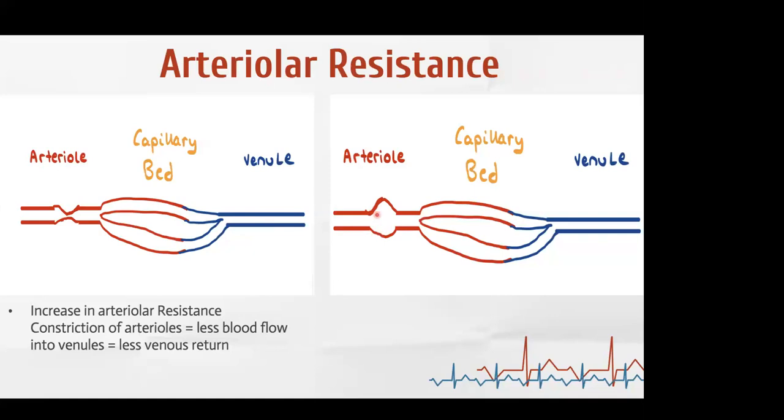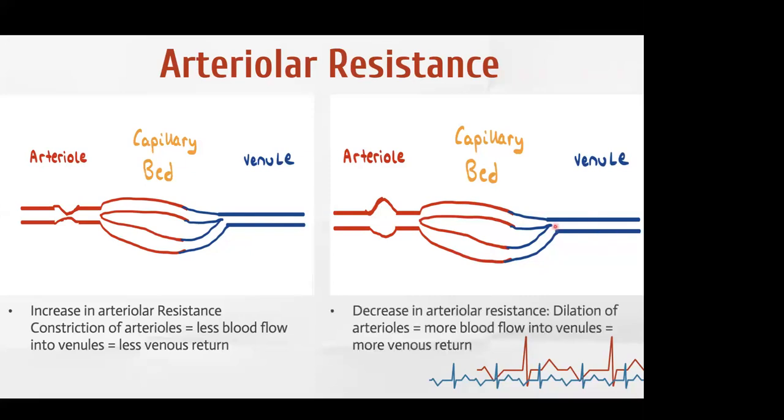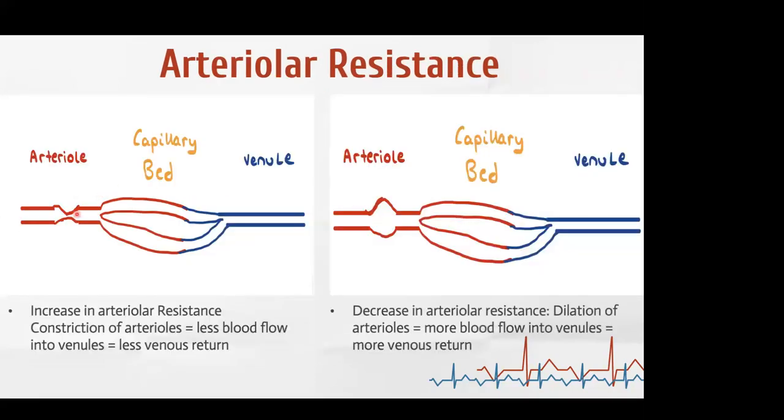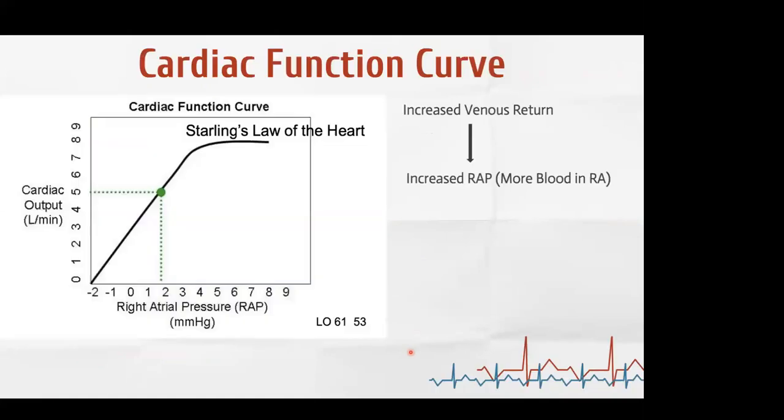And if we decrease the resistance by vasodilating, then more blood will flow into the veins, and therefore we will get more venous return. So in this case, are we dilating or are we constricting? Dilating. And therefore more venous return. Okay, so the curve will move up.